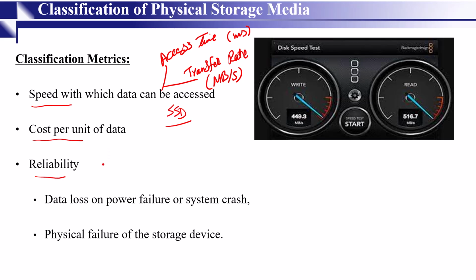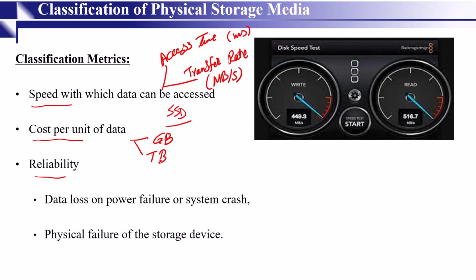This is the cost effectiveness of the storage medium. Here we measure the price for a given amount of storage capacity, usually in gigabyte or terabyte. Traditionally, spinning drives like HDDs tend to be cheaper compared to SSD, but the price gap is narrowing.